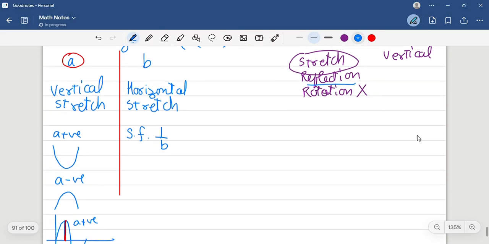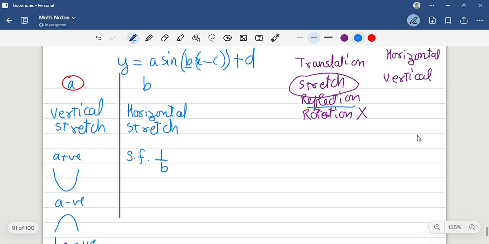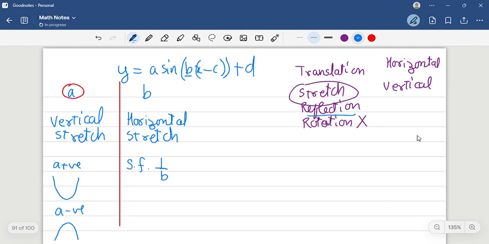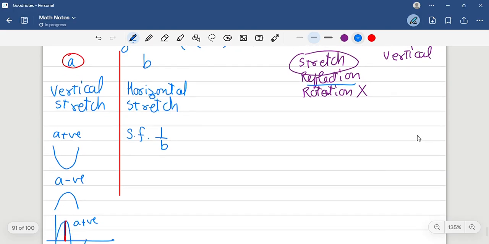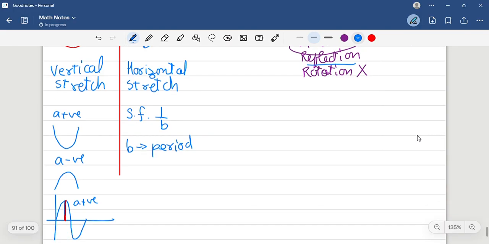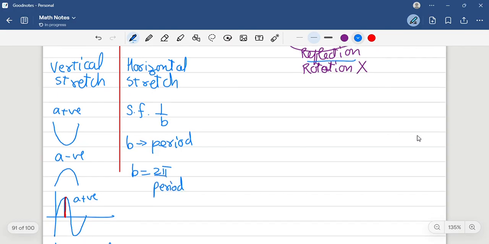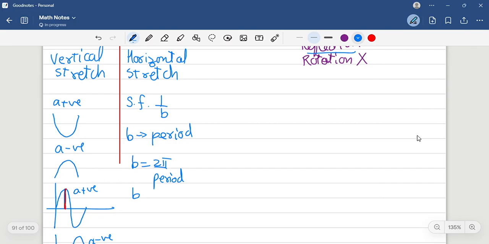So the scale factor is 1 upon b, but when we are talking about a trigonometric function, there's a way to connect it with the period of the function. Please note the b is what is connected with the period. How does it connect with the period? b is equal to 2 pi over period if you're discussing it in radians, or if the question says it's in degrees, then it is 360 over period.